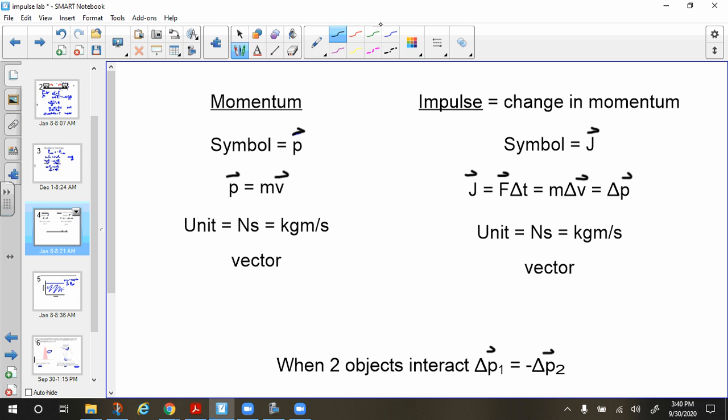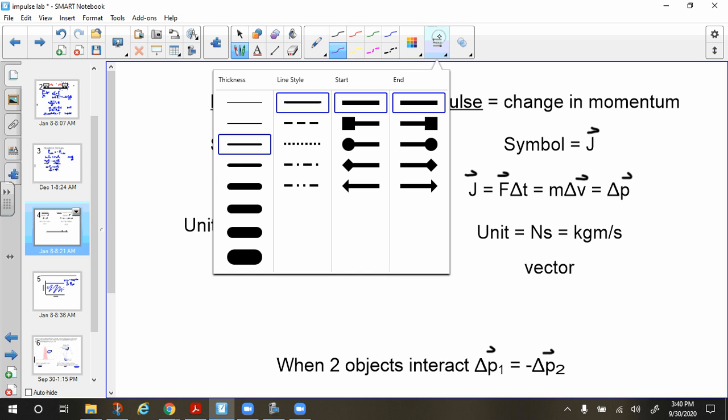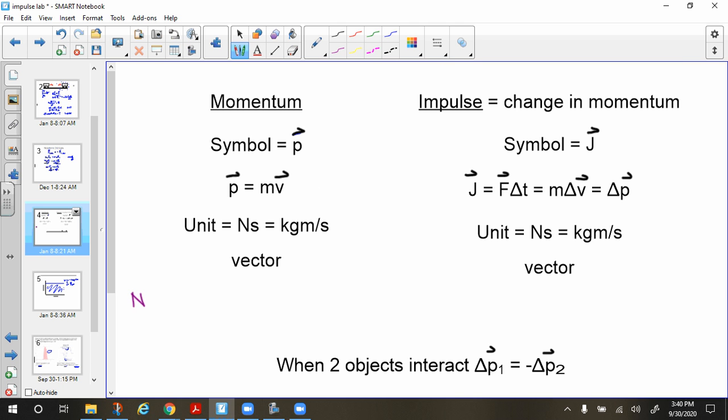They're the same thing. Let me just show you that real fast. A Newton is equal to a kilogram times a meter over a second squared. If you don't have that memorized yet, you need to memorize that. So when you take a Newton times a second, you have kilogram meter per second squared, multiplied by seconds, and the 1 second cancels, and you get kilogram meter per second.